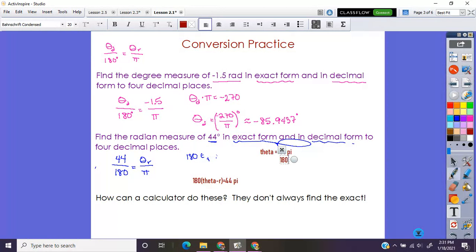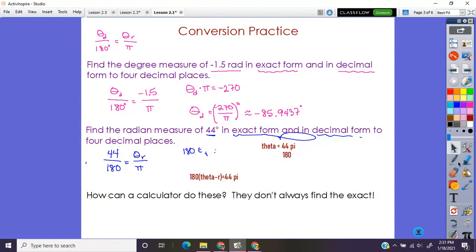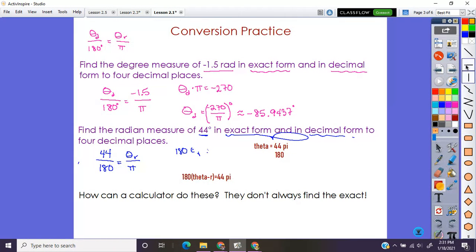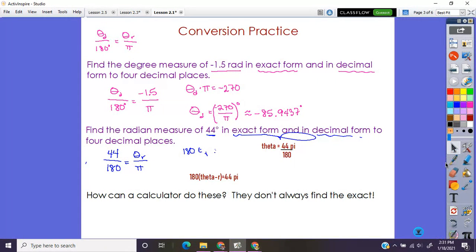I could definitely get a simplified fraction here if I think of this as 44 over 180. 44 divided by 180 is 11 over 45.